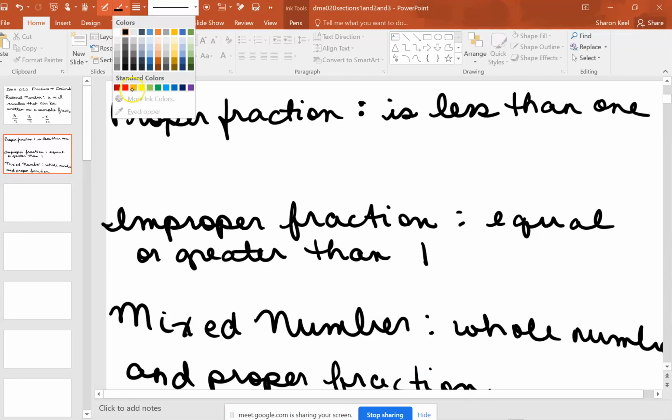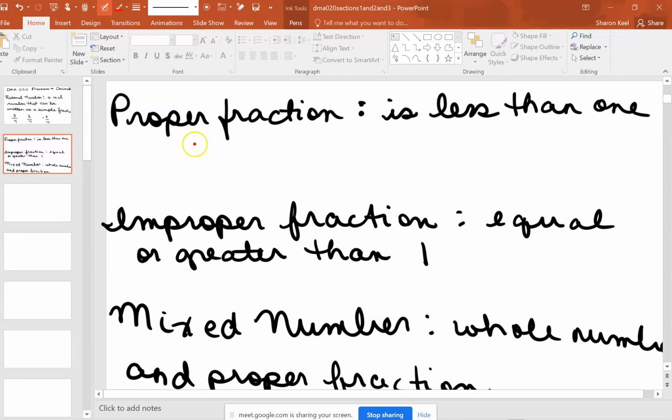An example of each would be a proper fraction would be, let's say, 2/3. The numerator is going to be smaller than the denominator. 9/11, that would be a proper fraction. An improper fraction could be something such as 5/5. 5/5 is equal to 1 whole.